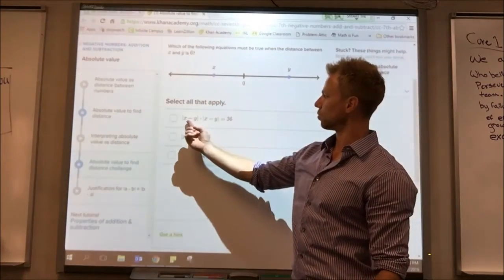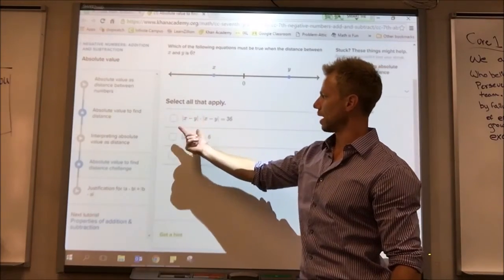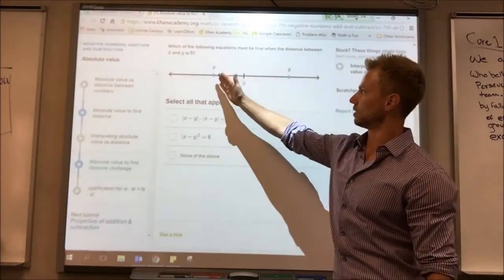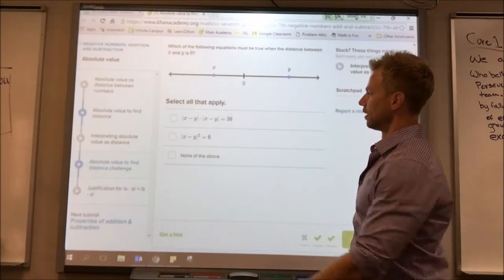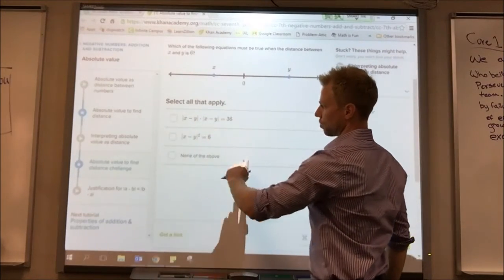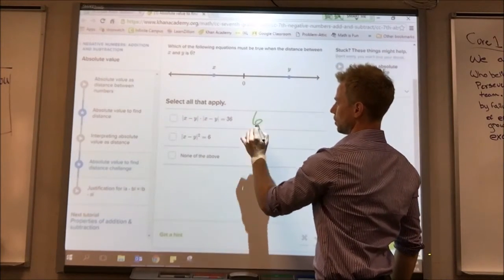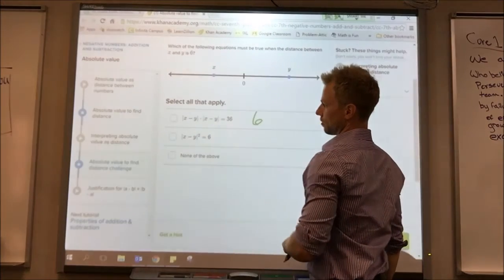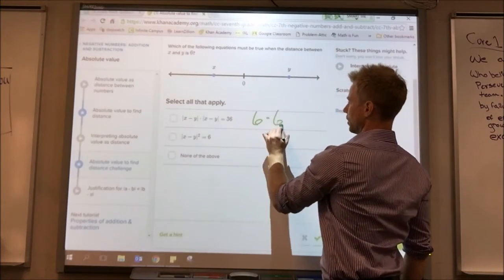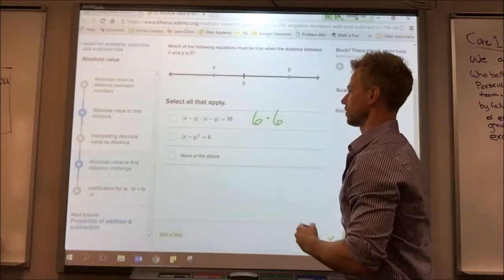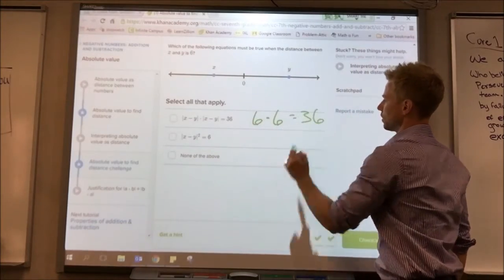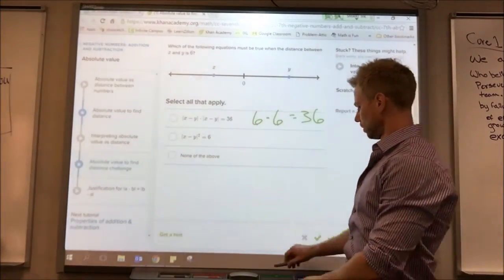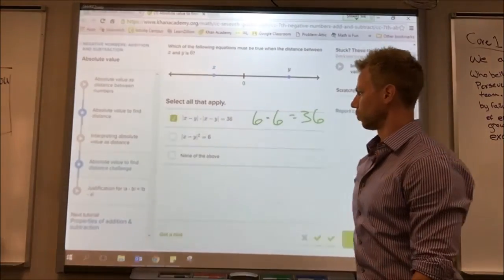Whenever you see we're subtracting those two and doing absolute value, that's giving us the distance. Okay, so in place of x minus y, absolute value, we can put 6. And in place of x minus y, absolute value, we can put 6. So is it true that 6 times 6 is 36? Yeah, that's true. So that first one works.